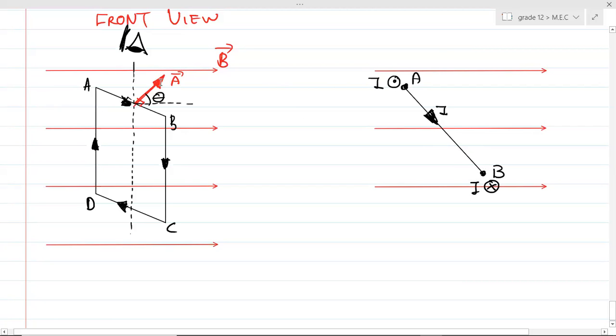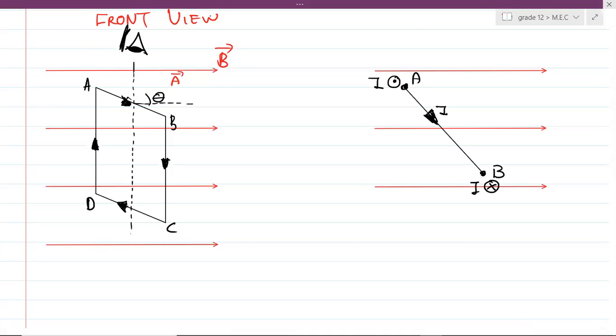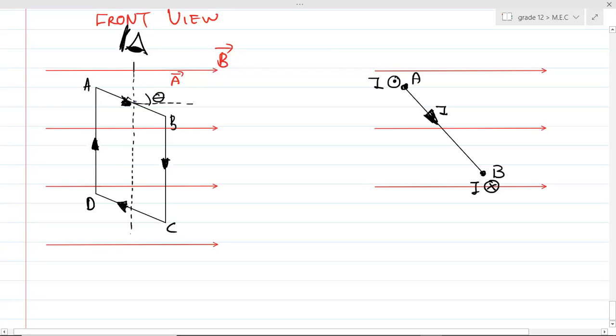Now suppose I want the area vector. Let me delete it and draw it with a different color, so that you people can understand it well. Okay, so this is your area vector. The area vector will be perpendicular to this loop, right?